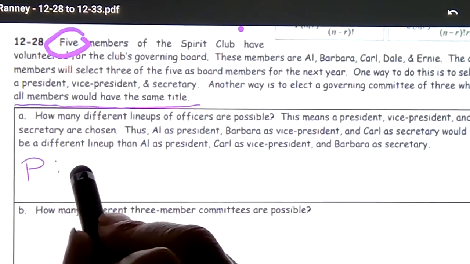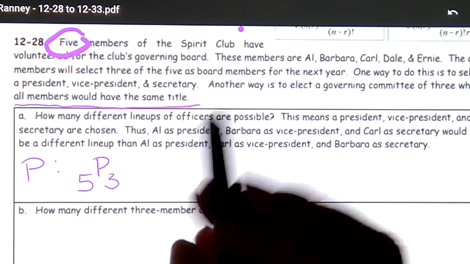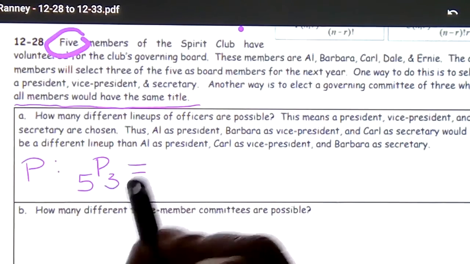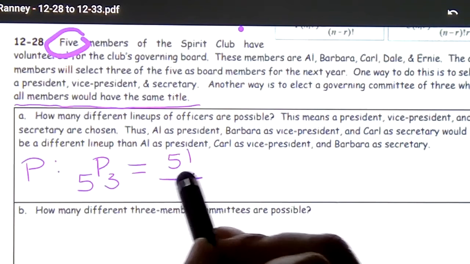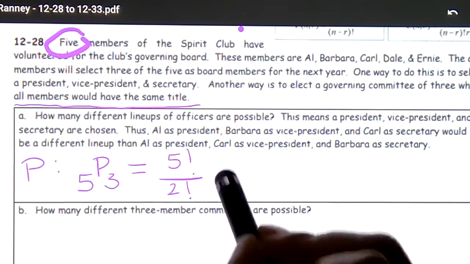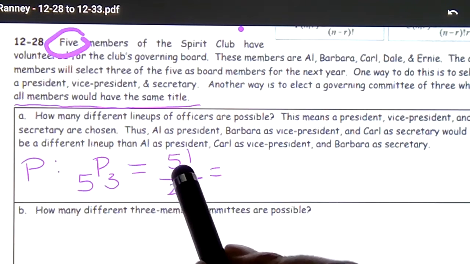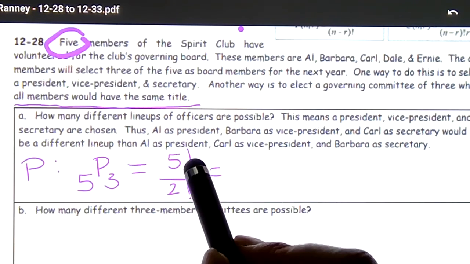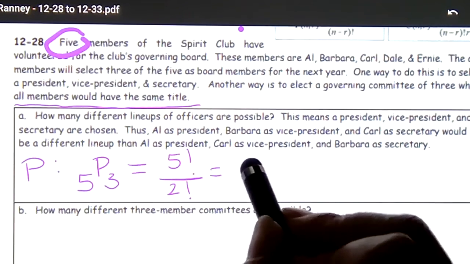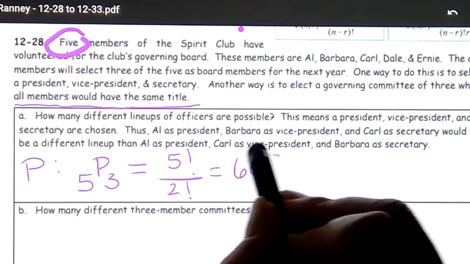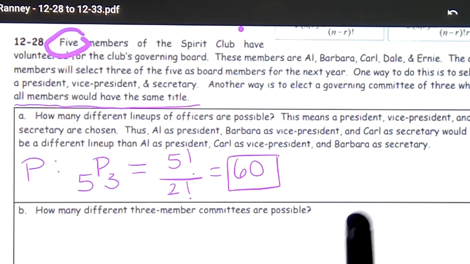And we have 5 people, and we are going to be choosing 3, so 5P3. And then I want us to also practice writing this in factorial form. So that would be 5 factorial over 2 factorial. And if I was working this out, my 5, my 4, my 3, my 2 factorial would cancel out with the bottom. So 5 times 4 times 3, that's going to be 60 different ways.